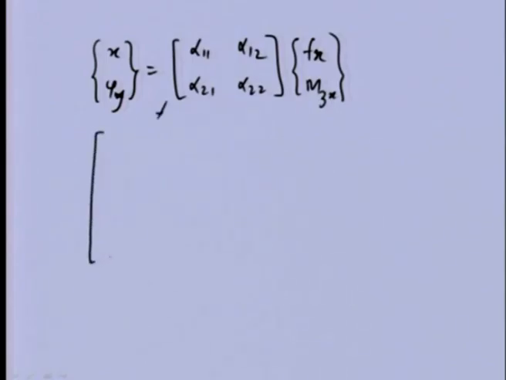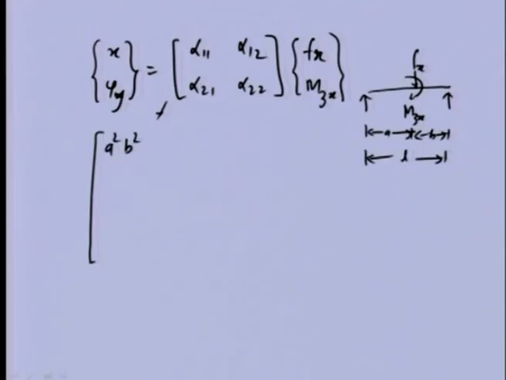Just for illustration, say we have a simply supported beam with these supports. If we apply a force f x and moment m z x, then the linear and angular displacement will be related. Let us say this distance is A, this is B, and the total length of the beam is L. Then the influence coefficient matrix would take this particular form.